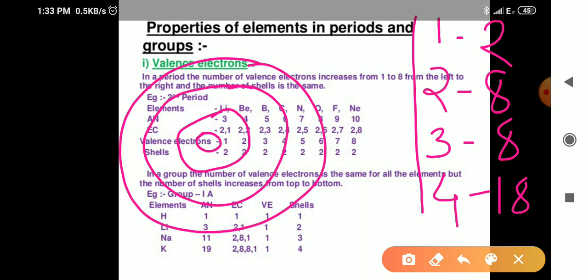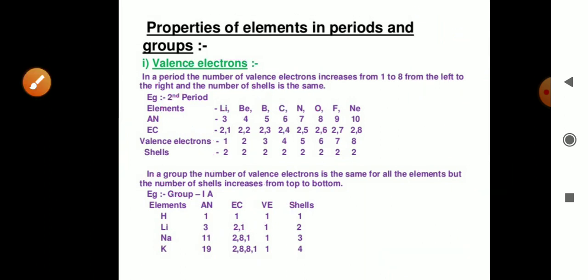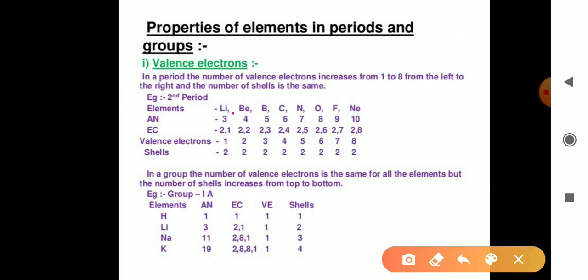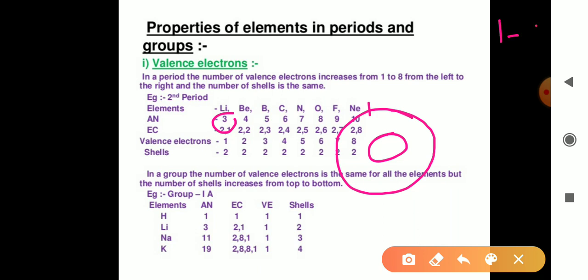Now see the first example, lithium. Lithium has a total of 3 electrons, so we can draw the atomic structure of lithium. This is the nucleus, and around the nucleus there are shells. This is the first shell. We know in the first shell the maximum electrons are 2, in the second maximum 8, in the third also 8, and in the fourth 18.